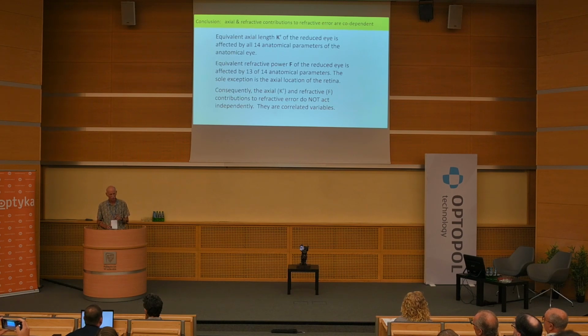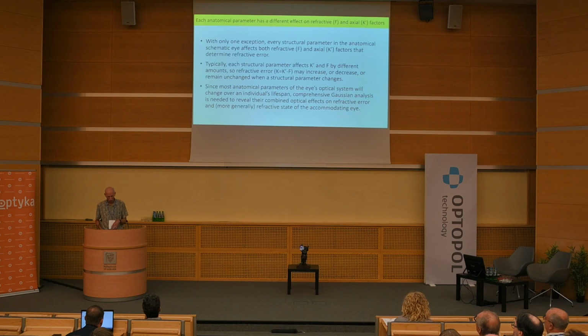Consequently, the axial length and refractive contributions to refractive error are not independent of each other. They depend upon the same set of parameters, so in a sense they are correlated variables. With only one exception, every structural parameter in the anatomical schematic eye affects both the power and length. Every parameter, you go in there and start playing and say, I'm going to adjust this anatomical parameter, it affects both length and power.